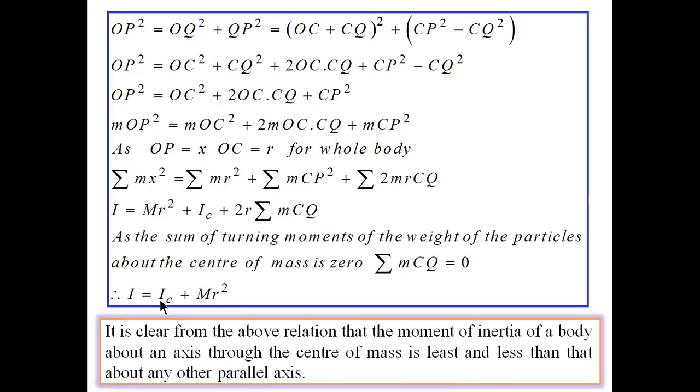Here IC is the moment of inertia about the center of mass axis, and I is always greater than IC because the m r square term is added to it. For any other parallel axis the moment of inertia is I, so I equal to IC plus m r square.